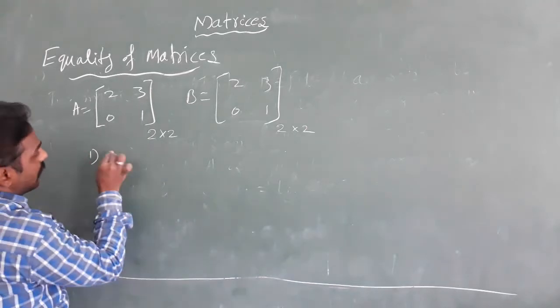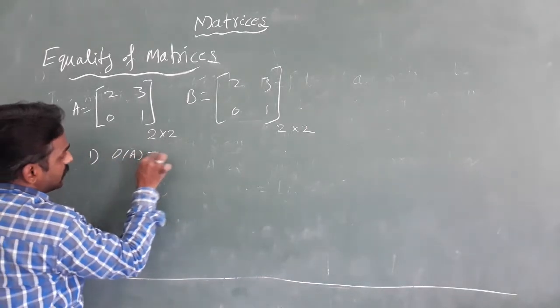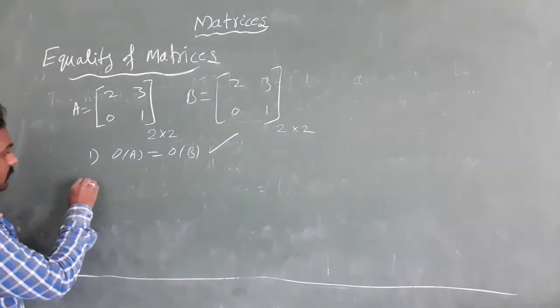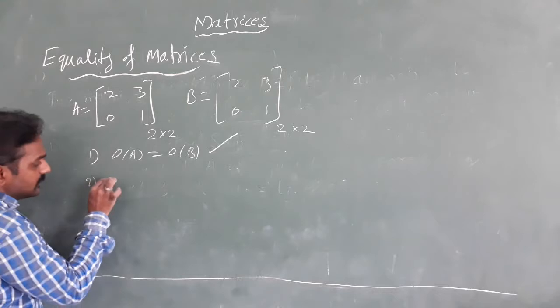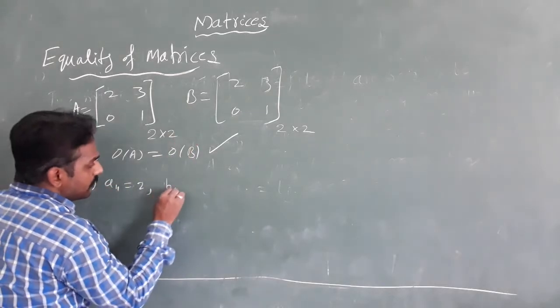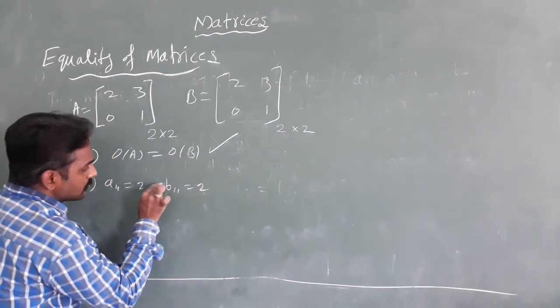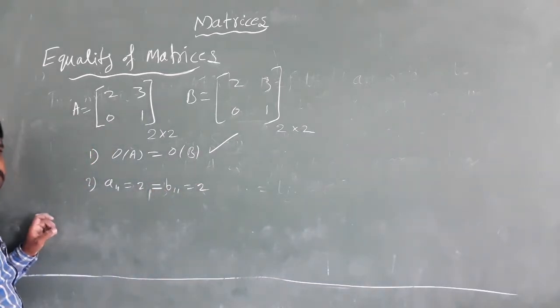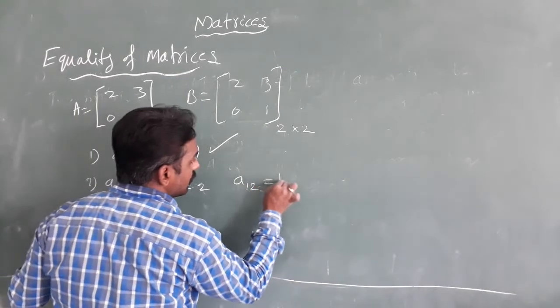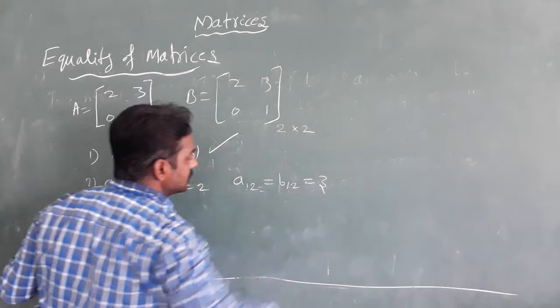First condition, order of A is equal to order of B. Next, A11 element is 2 and B11 element is also 2, so both are same. A12 equal to B12, that is 3.